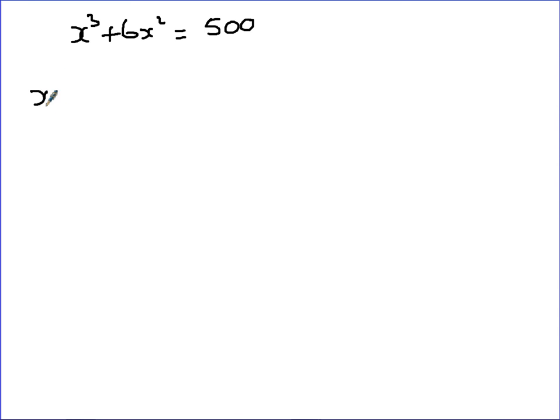So the first value you're going to try is 6.5. Now this means 6.5 cubed, and then it would be 6.5 squared times 6 and add it on. So what I'll do is I'll put them in brackets in the calculator. So I'll just show you how I'll write it in the calculator first, this first one. I'd put 6 and then 6.5 squared.